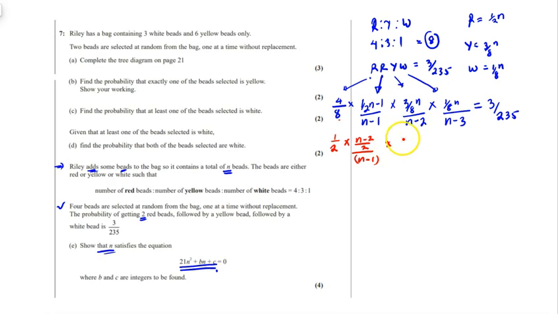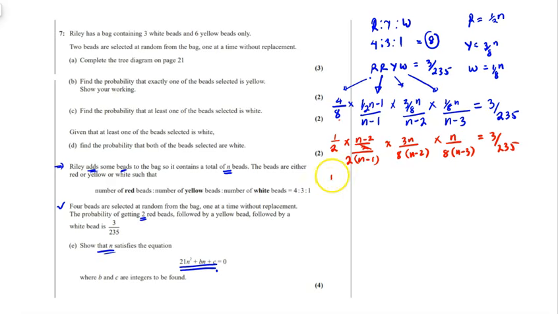Then you have 3n over 8, and n minus 2, and here the same thing, n over 8 with n minus 3, equals 3 over 235. The 2 here also comes down.